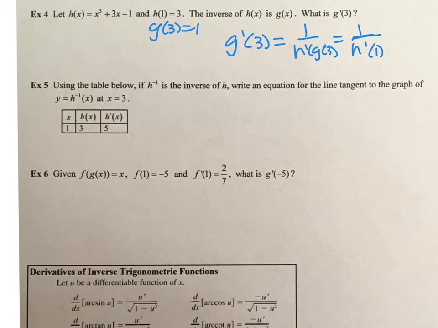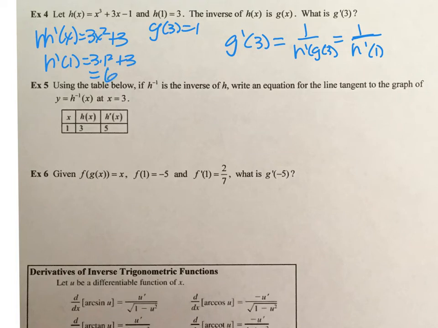If h of x is x cubed plus 3x minus 1, then h prime of x would be equal to 3x squared plus 3, and then h prime of 1 would be equal to 3 times 1 squared plus 3, which is equal to, let's see, 3 plus 3, which is equal to 6.